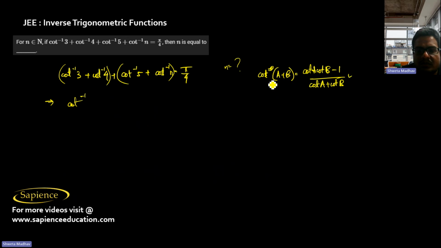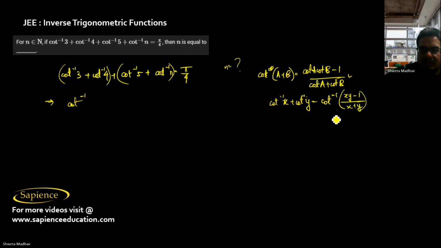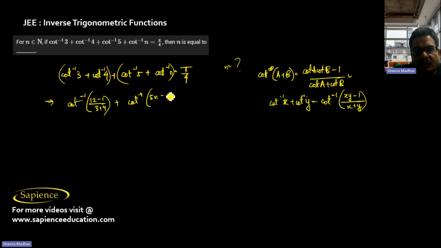So hence we can say that cot inverse x plus cot inverse y will be equal to cot inverse of xy minus 1 by x plus y. So this will be cot inverse of 3 into 4, that is 12 minus 1 by 3 plus 4, plus cot inverse of 5n minus 1 by 5 plus n, that is equal to pi by 4.